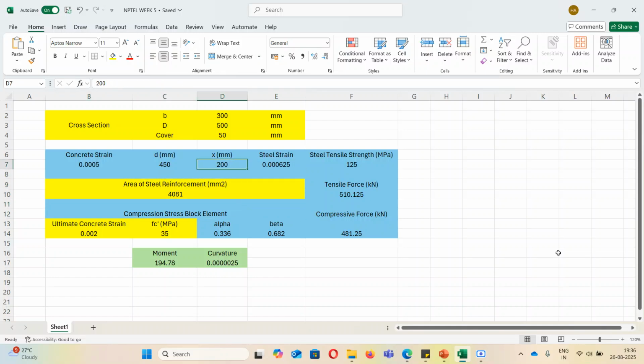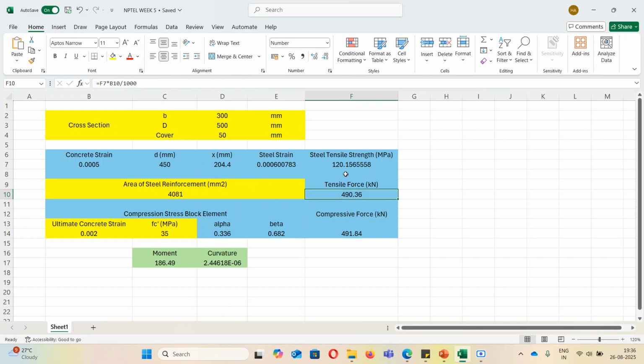At 200 it is not equal, I need to increase from 200, so I will place 202. Again it is not equal, 203, 203.5, 203.9, 204, 205. In this way you can very quickly do the iteration work. You can see at 202.4 my tensile force and the compression force are very close to each other.